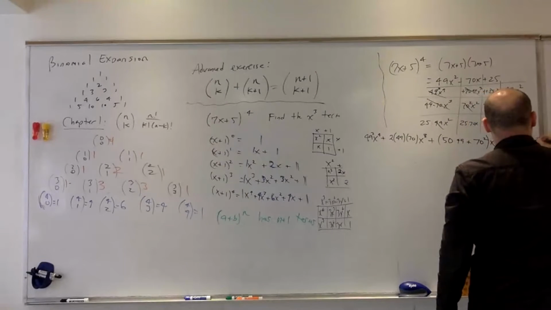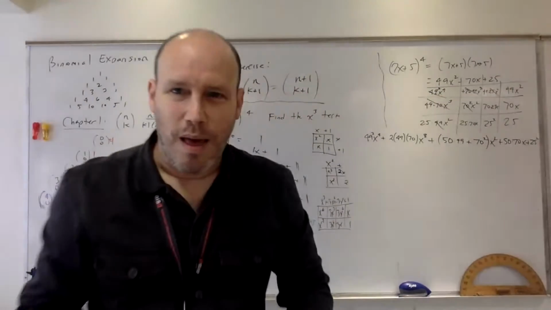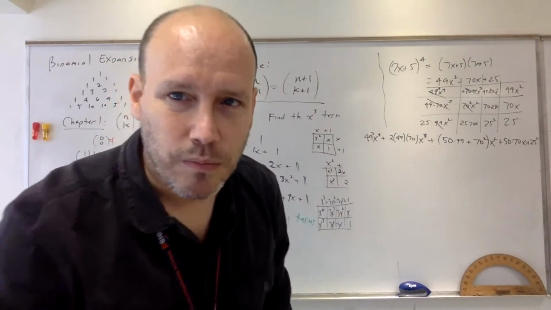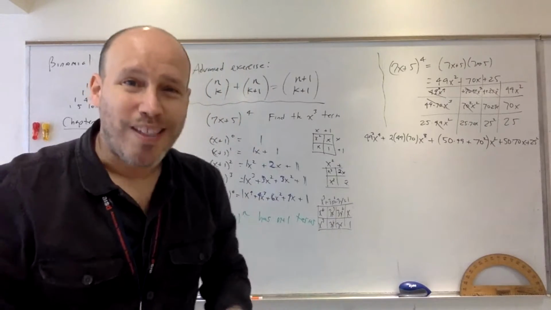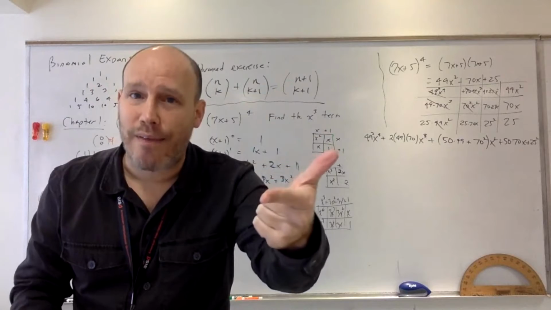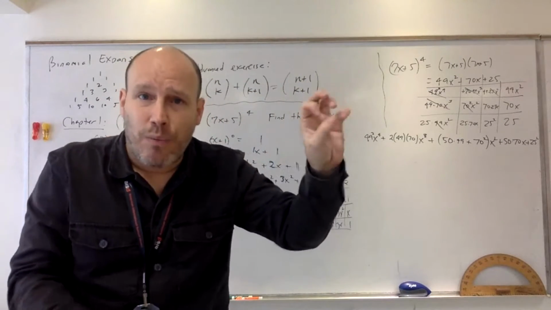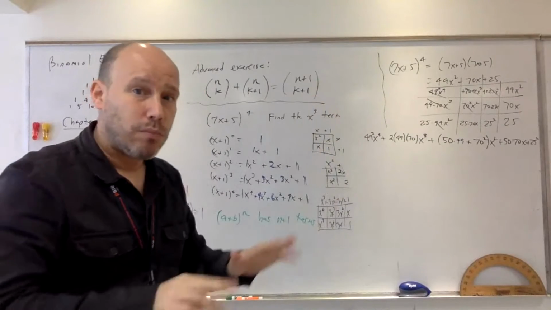And then the last one is 25 squared. Bear with me. Good. So what I'm going to ask you to do is factor out the 5s, the 7s, and the x's. And whatever's remaining, we're just going to combine that together.